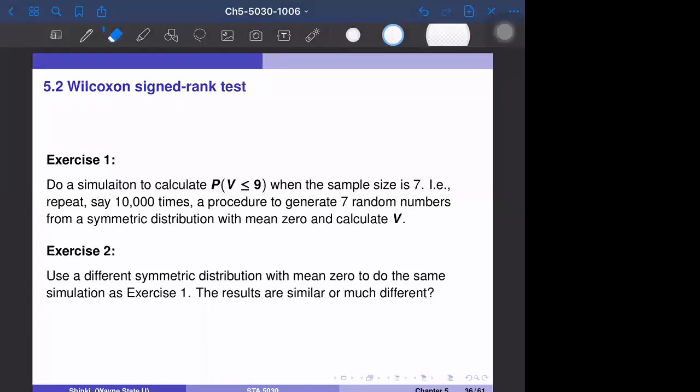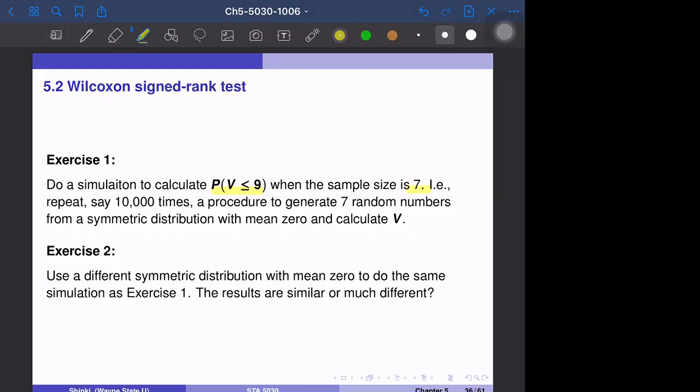Okay, we don't do exercises in this video, but it's good to see these exercises to understand how to calculate the distribution of V. Exercise 1: do a simulation to calculate the probability of V less than 9 when the sample size is 7. Basically the distribution of V only depends on the sample size.